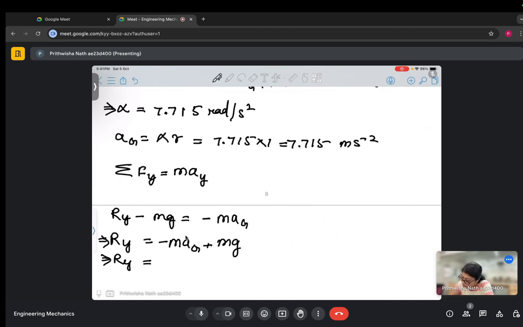So this is minus 20 into Ag, which is 7.715, plus 20 into 9.81.